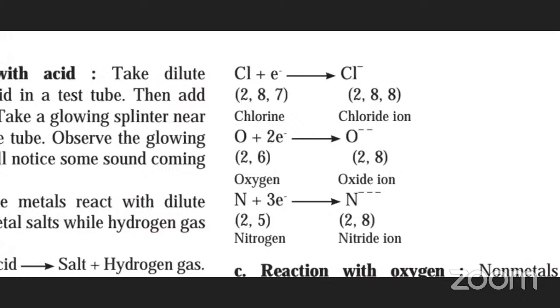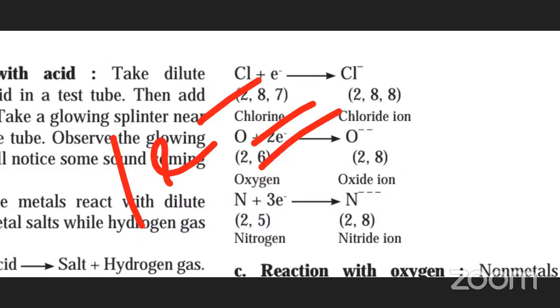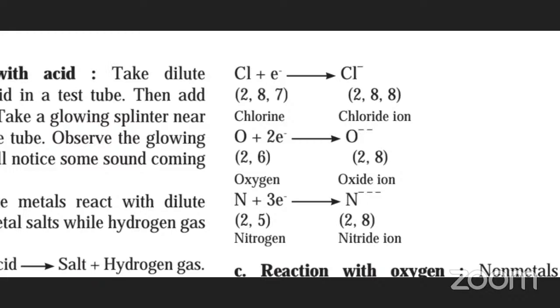That's why 1 electron is being accepted here, and there is 1 negative charge. Negative charge on a particular element depends upon how many electrons are accepted. If only 1 electron is accepted, then 1 negative charge will come. Since only 1 electron is accepted, only 1 negative charge is there on the chlorine atom.